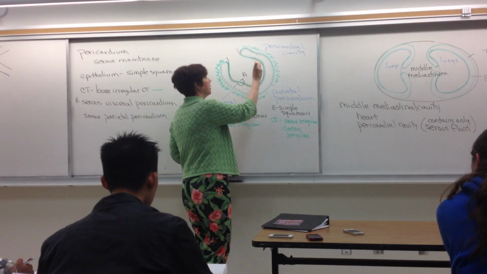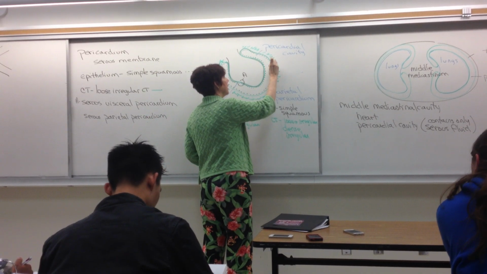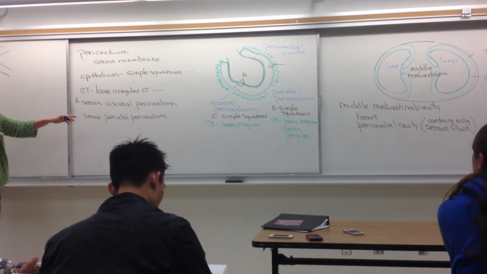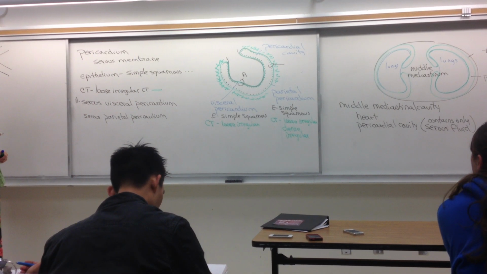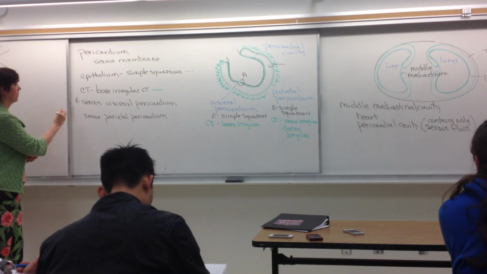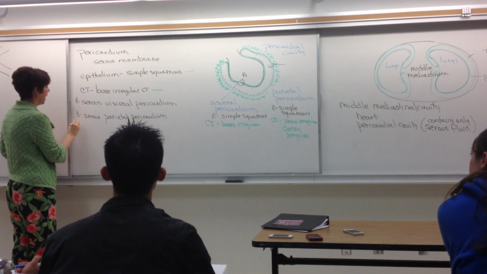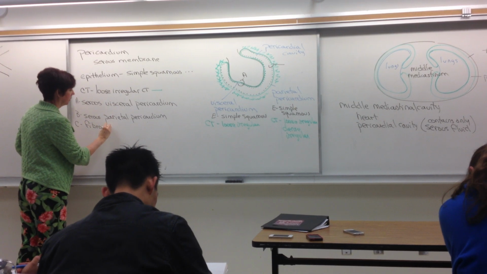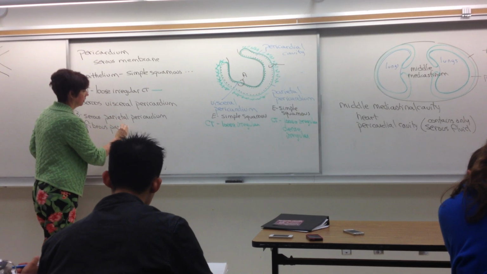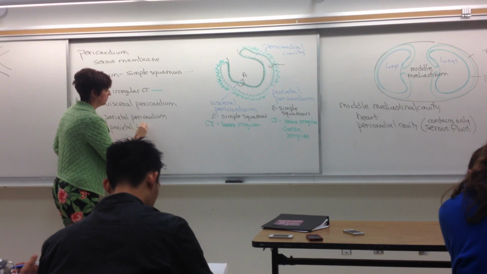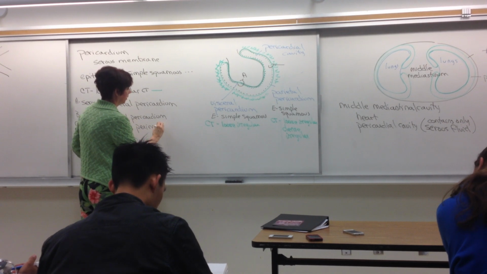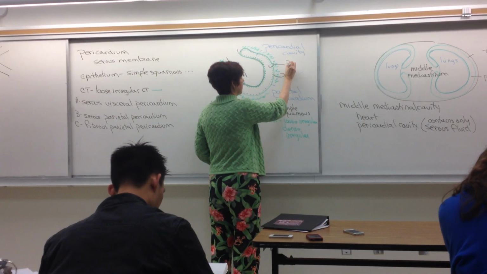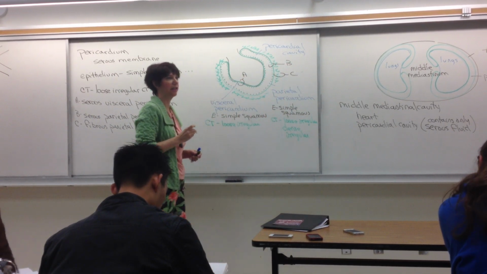And that would be the identical component here, which is just simple squamous and loose irregular. And then we have a fibrous parietal pericardium, which is the dense, irregular connective tissue.